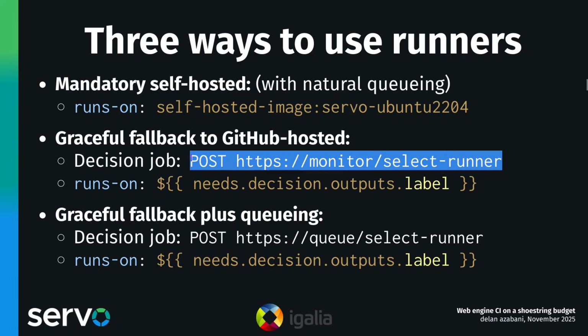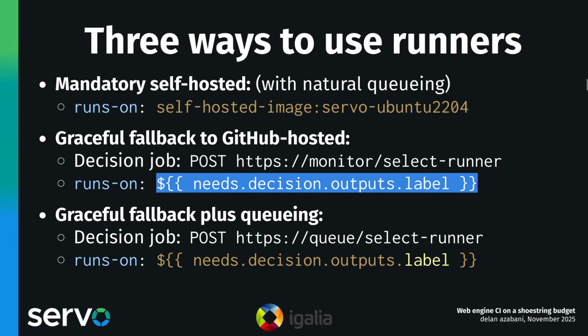And in doing so, because you have a job that can check if there are runners available, you can now parameterize the runs-on setting and decide, I want to use a self-hosted runner or a GitHub-hosted runner. It's unclear if this is going to be possible on Forgejo Actions yet, so we may have to add that feature, but it's certainly possible on GitHub Actions.